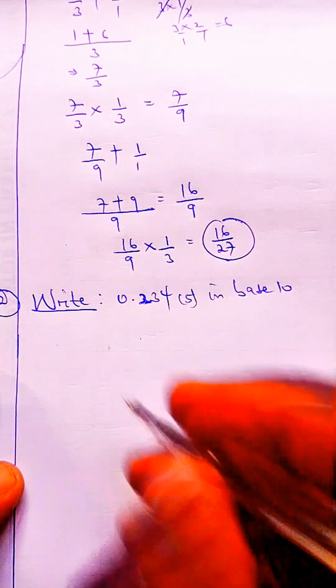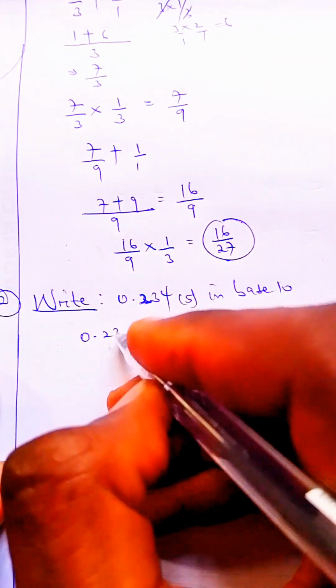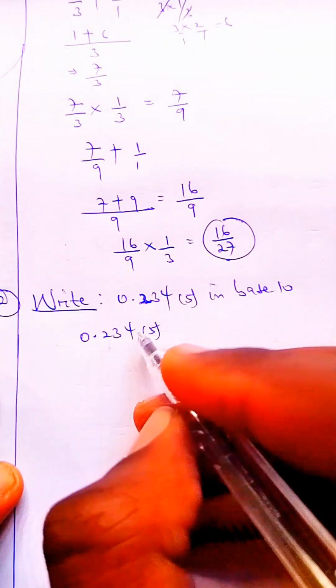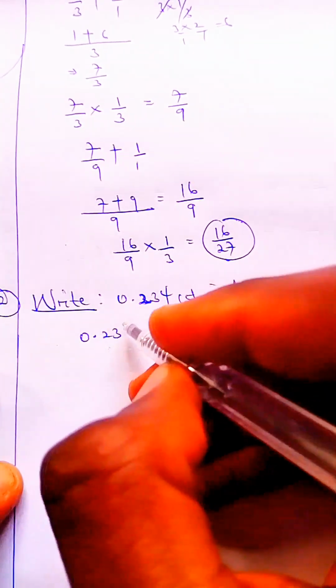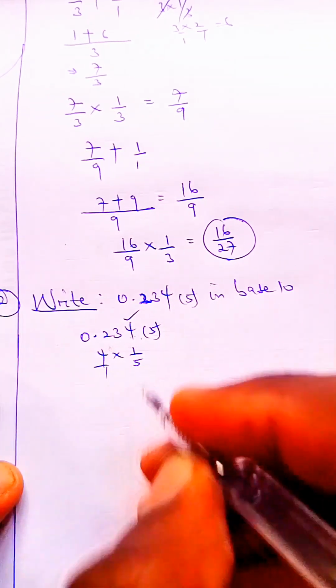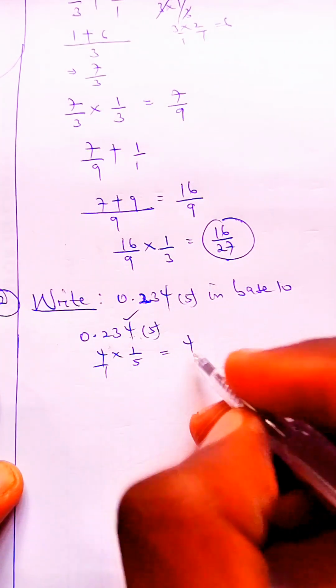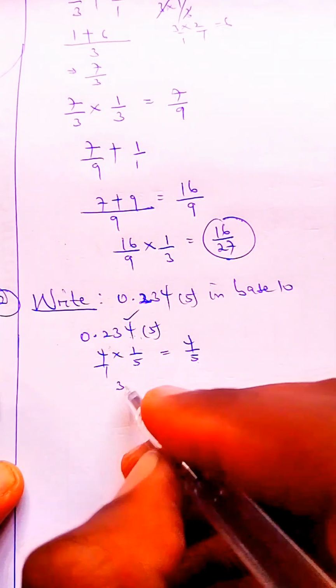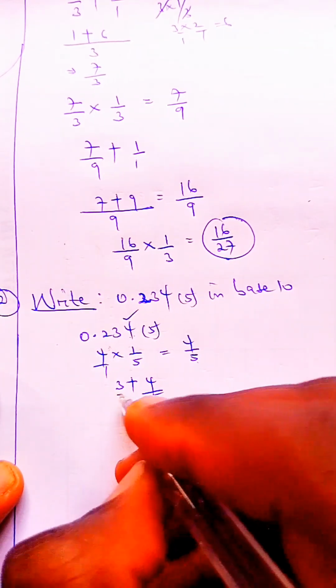It's very simple. I write it out, just 0.234. Don't forget the process. This is where the point is, so I will start from the other end. I'll start with 4. Now, don't forget 4 times 1 over 5. 4 times 1 over 5 is 4 over 5. And after times, I will add together 3 plus 4 over 5.